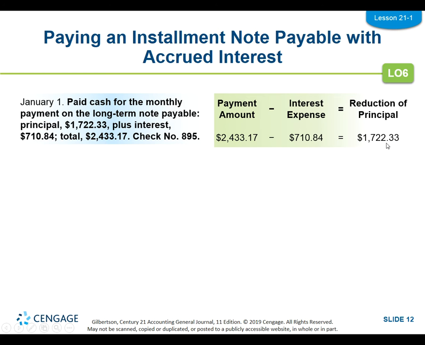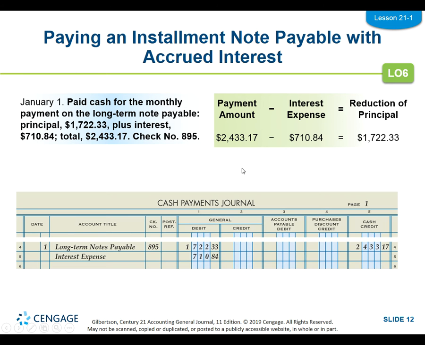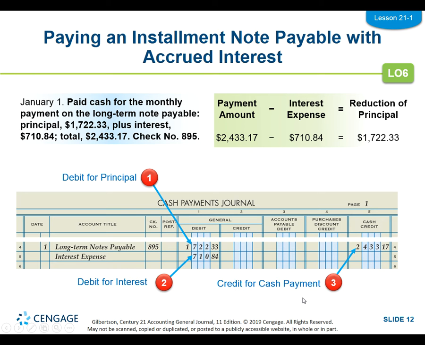So the principal is reduced by this much every month. And here is your cash payments. Here is the notes payable. This is a liability. You are doing a debit. You're reducing the amount that you owe by $1,722.33. You're paying interest of $710 each month, and your total cash is $2,433.17.